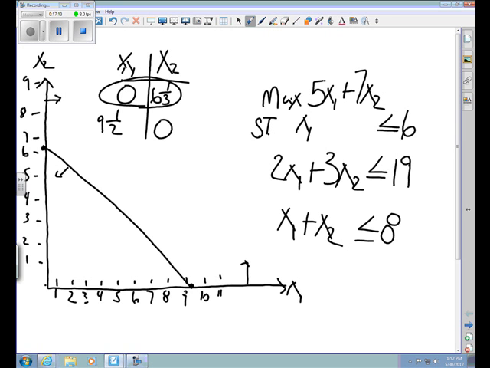But let's now graph that first constraint. The first constraint says that x1 must be less than or equal to 6. And as we discussed earlier, that means that our solution has to be to the left of that line. If you look at that and you do the same thing we did, you say instead of less than or equal to 6, you say x1 has to equal 6. That's the line we graphed.